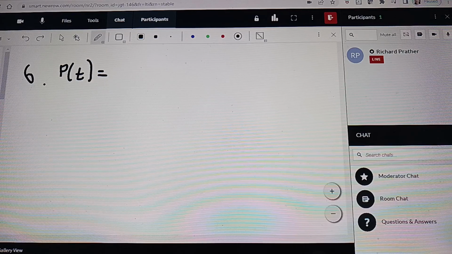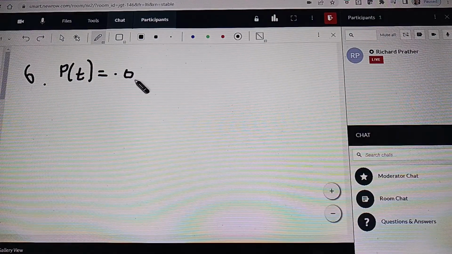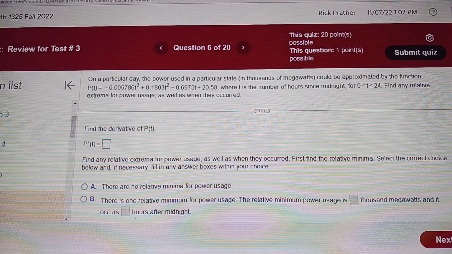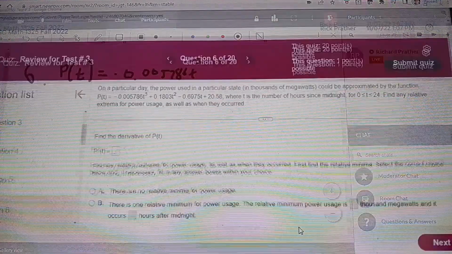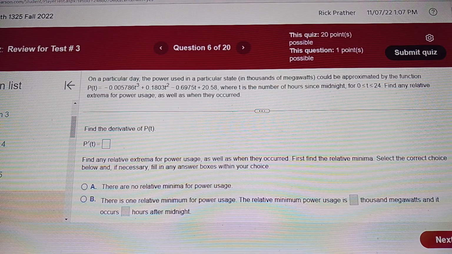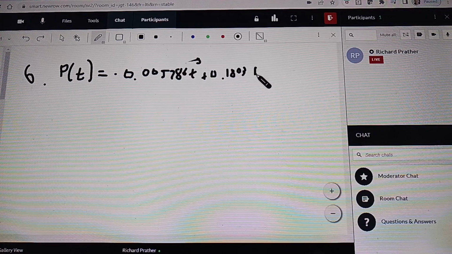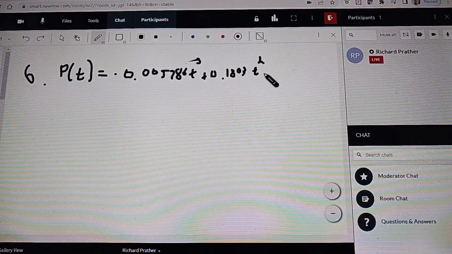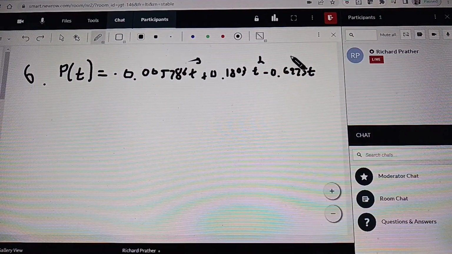The power involved is negative 0.0057 86 t cubed and then plus 0.1803 t squared minus 0.6975 t and plus 20.58.